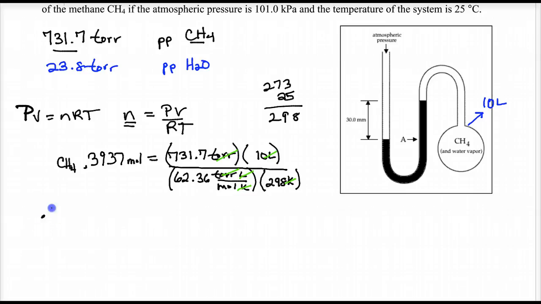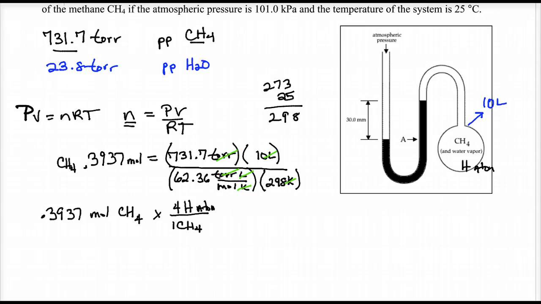So take my 0.3937 moles of methane molecules, and look what I'm going to do here. The question was how many H atoms. Well, isn't there 4 H's per one of these molecules? So watch, I'm going to get rid of methane. For every one of these, there's 4 H atoms.